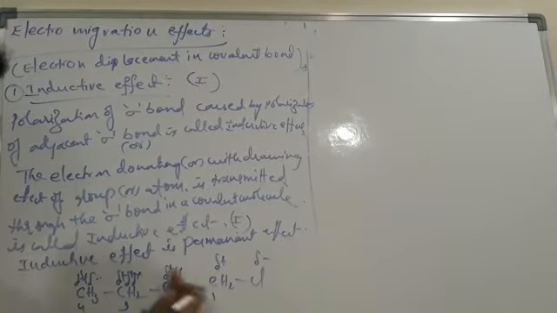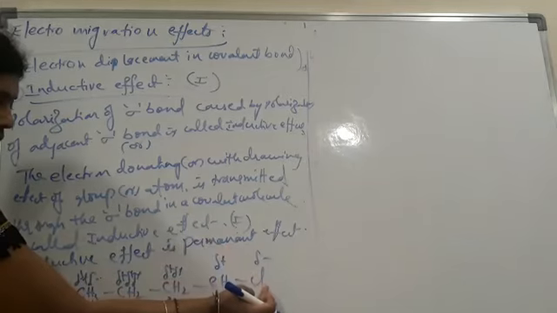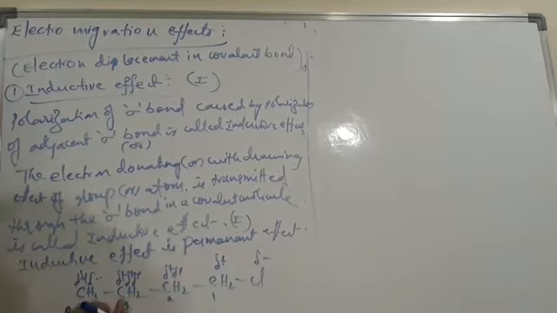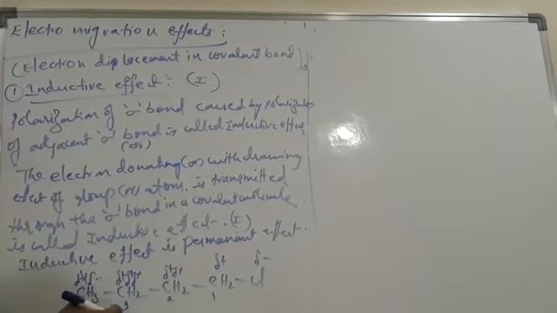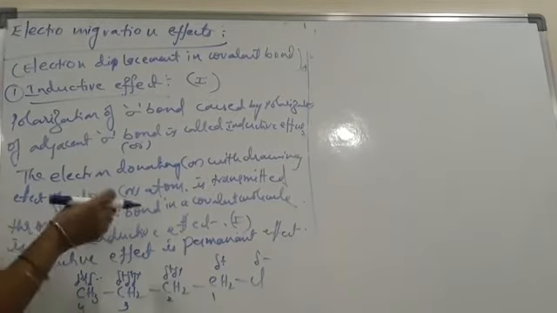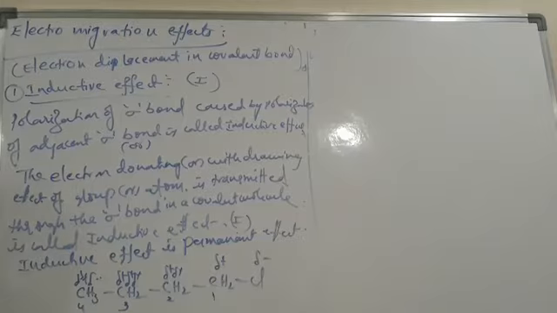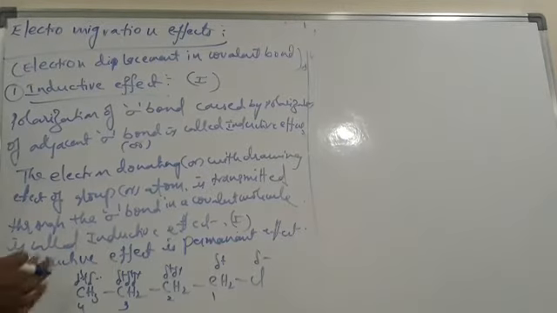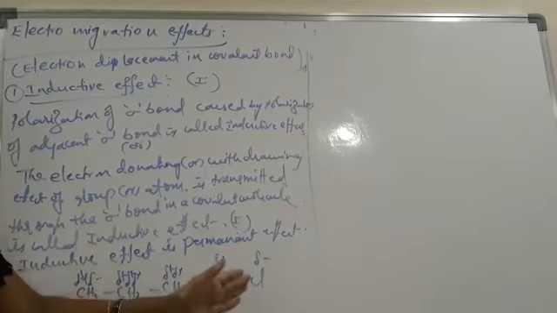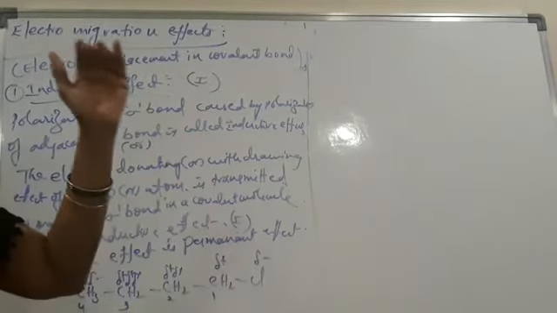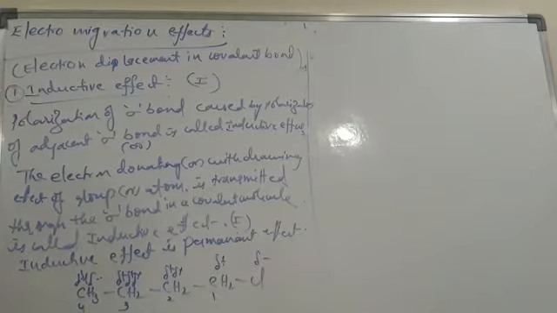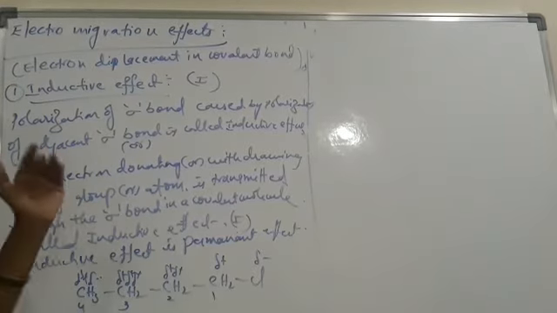So the inductive effect gradually decreases as the distance between the highly electronegative atom and the carbon atom increases. After the C3 carbon, we can neglect this effect. Here the highly electronegative atom is present at the end of the chain, so it possesses the partial negative charge and the remaining carbon chain has the partial positive charge.